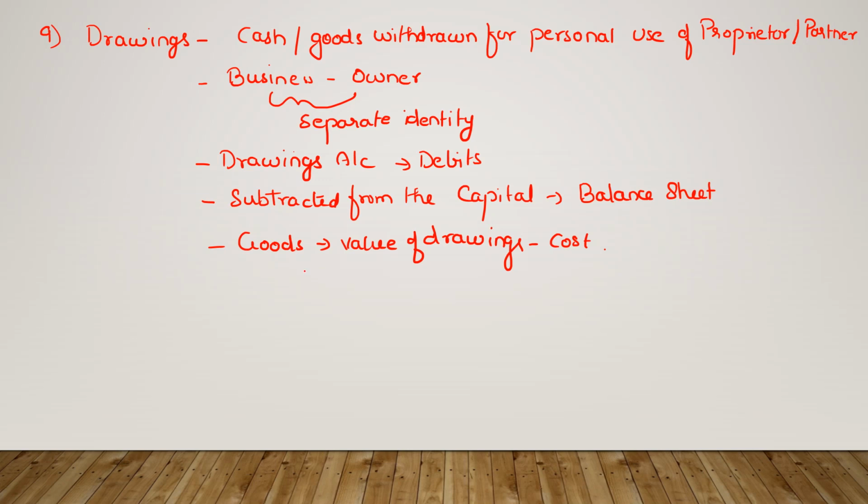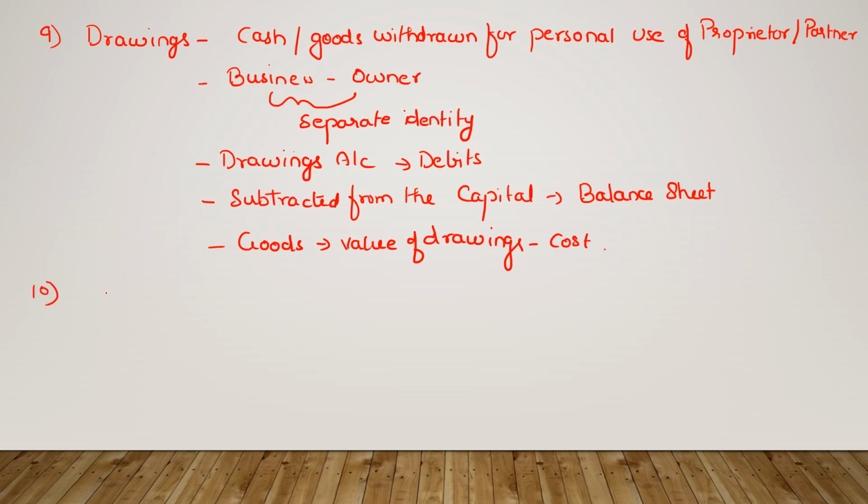Suppose the amount paid for those goods is 3,000, then 3,000 is the amount of drawings. You will not take the sale value. If it is sold, what amount will be realized will not be taken into consideration. The amount incurred as cost in purchasing that would be the value at which you debit it to the drawings account.